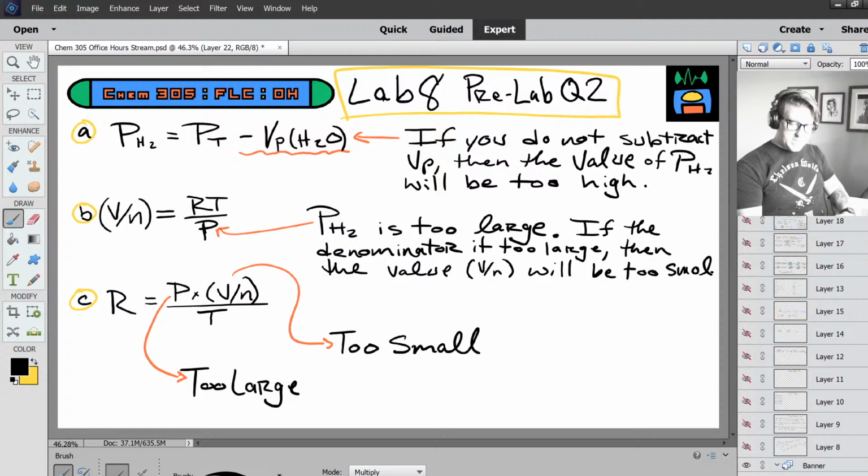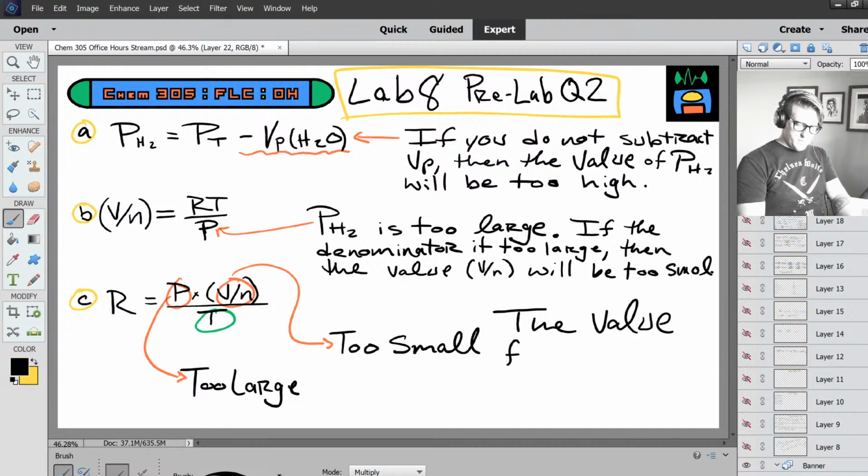So, of the three quantities we're using, one is too big, one is too small, the other one's right. Now, we don't know, will they be just enough to cancel out? Will it still lean one way or another? It's unclear. But what is clear is the value for the ideal gas constant will likely be incorrect.